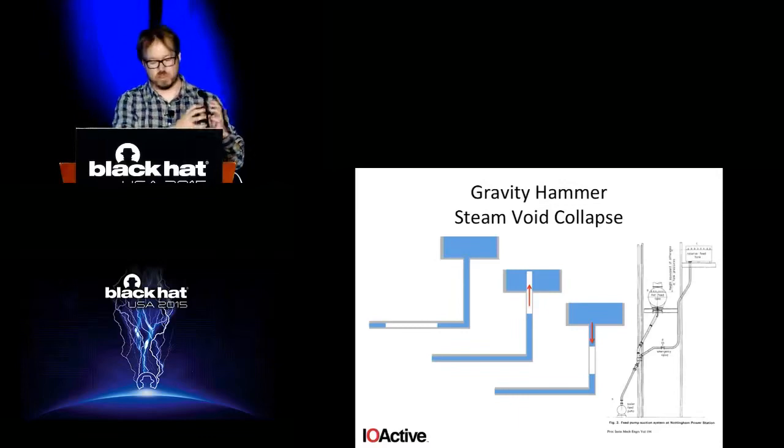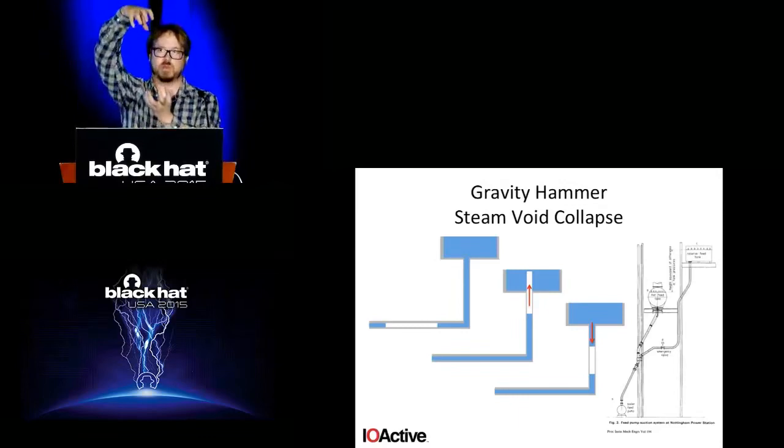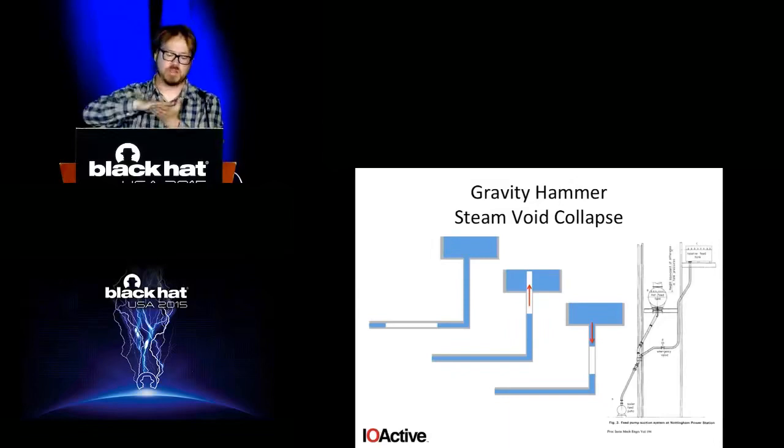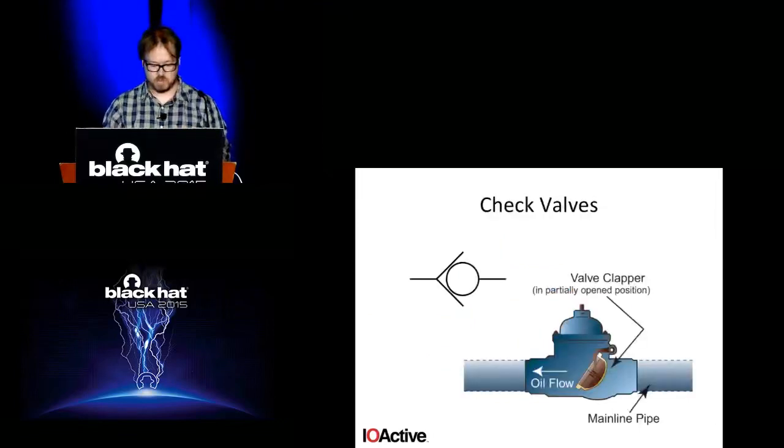So if you push the slug of steam through the line, it bubbles up through the top, and as soon as the steam bubble pops through, the cold water drops down and hits the steam below. The steam then transitions from a gas into a liquid and creates suction and sucks the top back down and slams on top of it. So if you've got several tons of water in the tank, that's several tons of force popping on top of it.